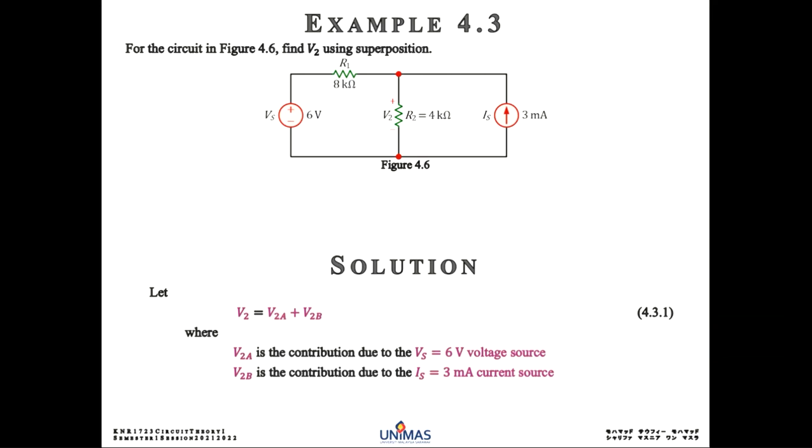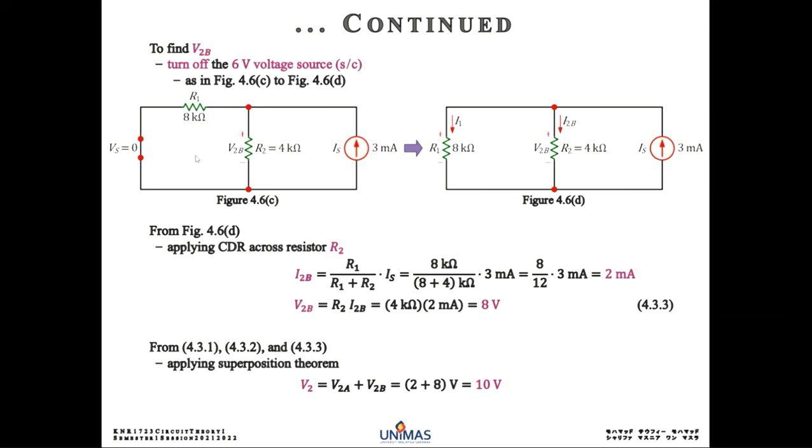How do you find the current R2? You apply KCL because you have current in the node branching off into R1 and R2. So you can see that short circuit, memang kat sini 0.